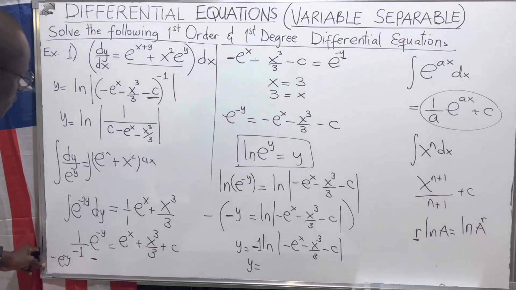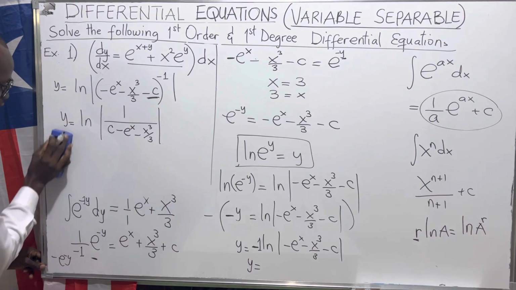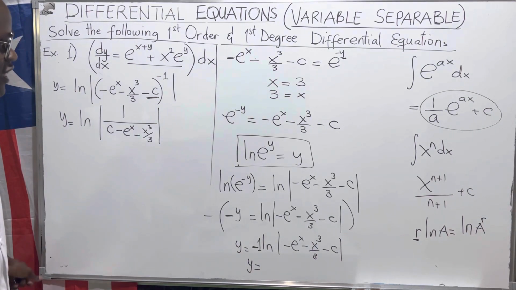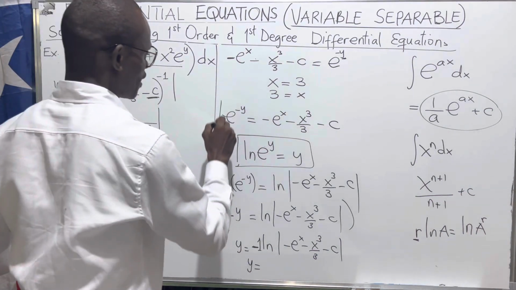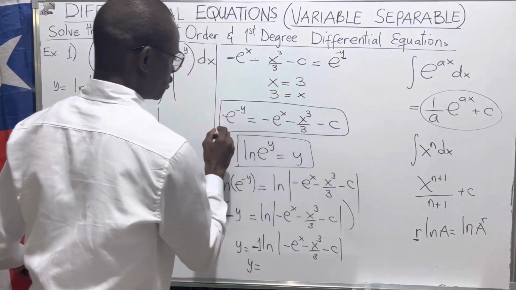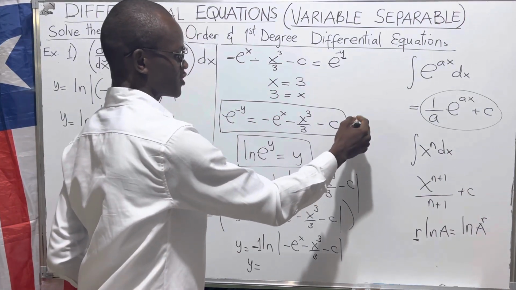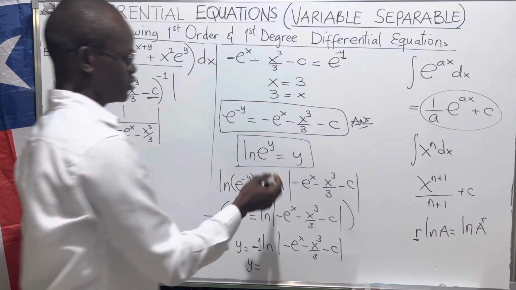Or we can further simplify. Yes, we can further simplify, because we don't want the problem not to be in a simple form. But this problem could also end right here. Your instructor could ask you to just keep this as your required answer, but I would just want to simplify it further.